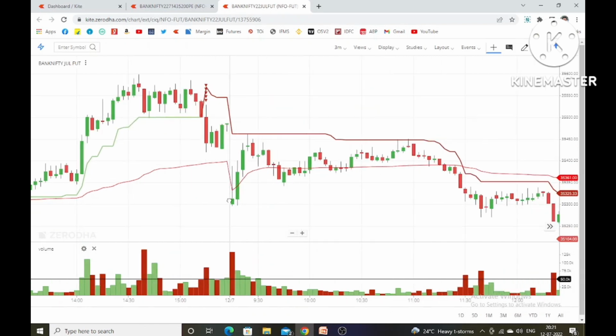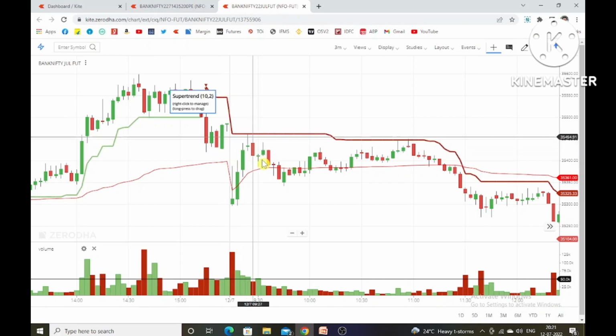And when price is moving above VWAP but below super trend, don't go for the setup. For put option entry, price should be below super trend and super trend should be below VWAP. Look at this setup here. Price is above VWAP but below super trend.